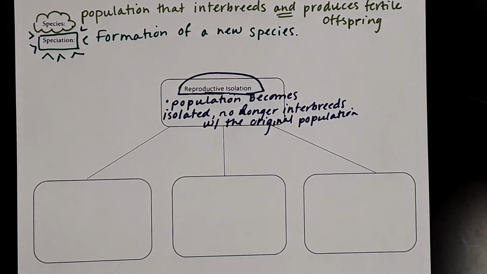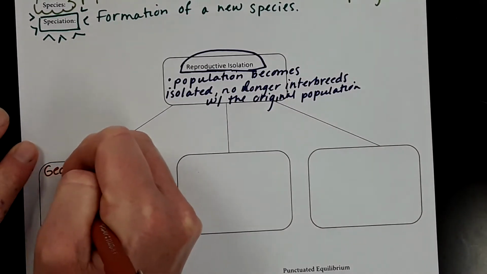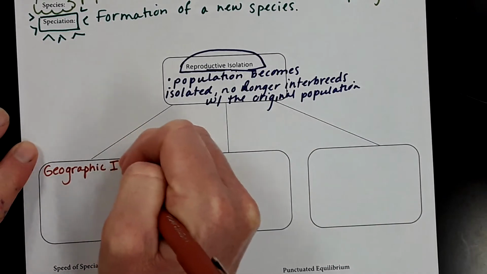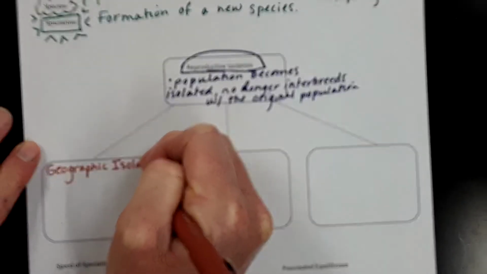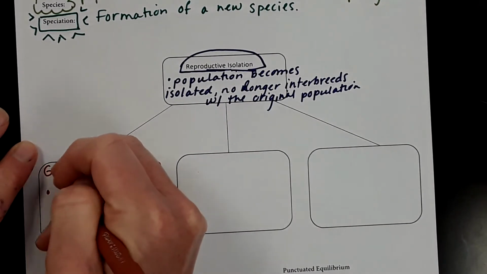So the first one is that they could become separated by what we call geographic isolation. Geographic isolation means that you are separated by geography.